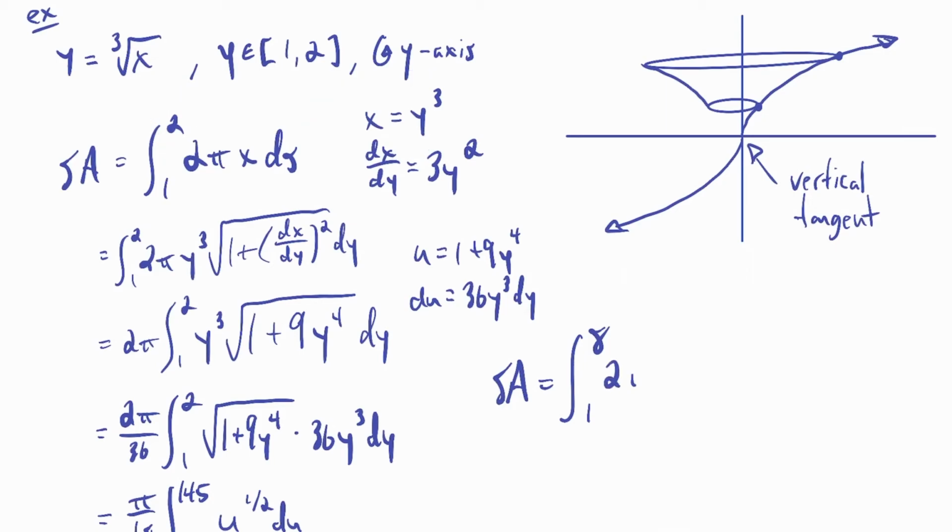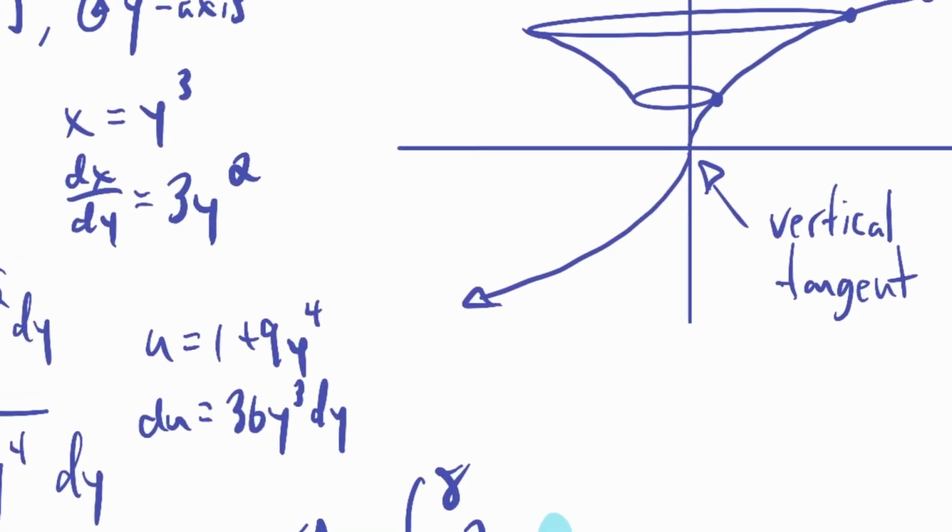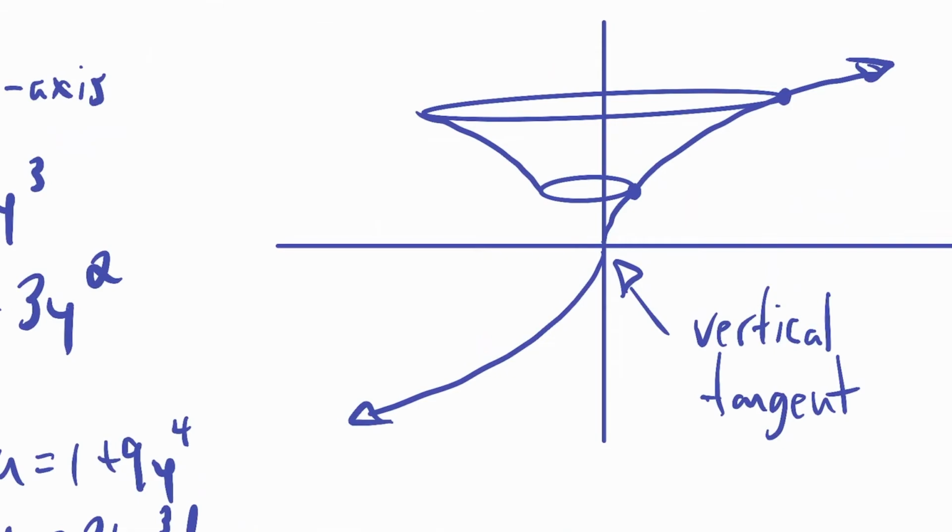So of 2 pi x, very important. This does not change because this is the radius through which the revolution is occurring. It's an x coordinate, right? This piece of the graph here, its distance from the y-axis is an x coordinate, right?